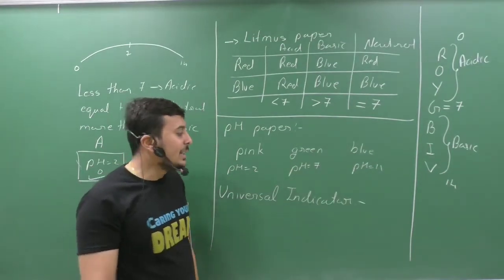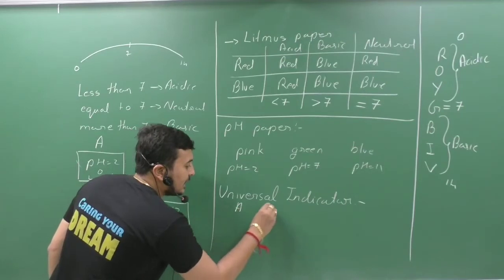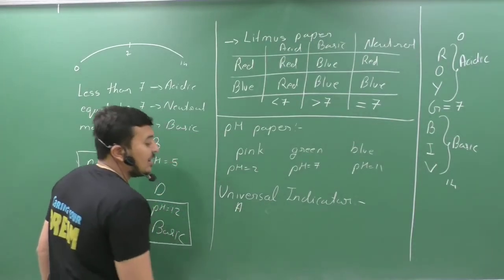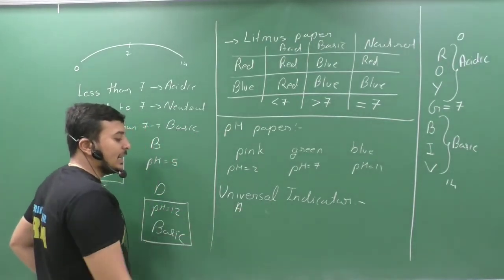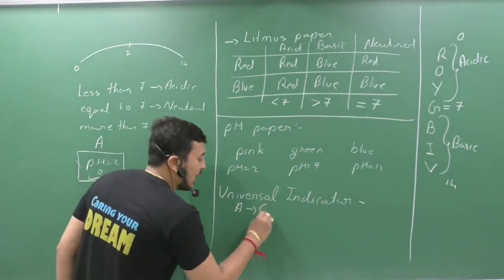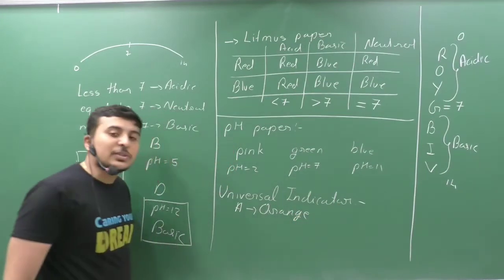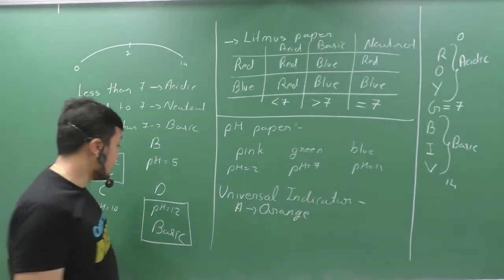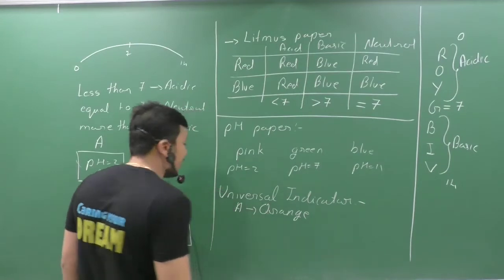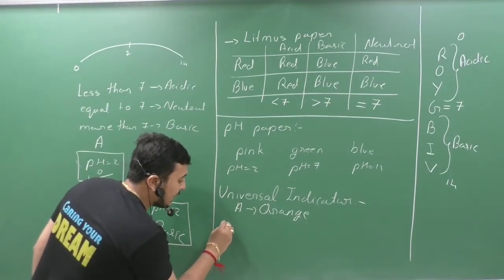So accordingly, let us take an example. There is a solution A. When universal indicator is added into solution A, the color of the solution changes to orange. Then what can be the pH of that solution? Here are the options.